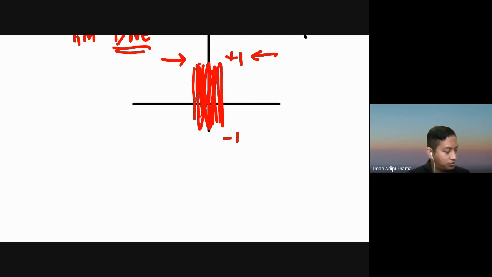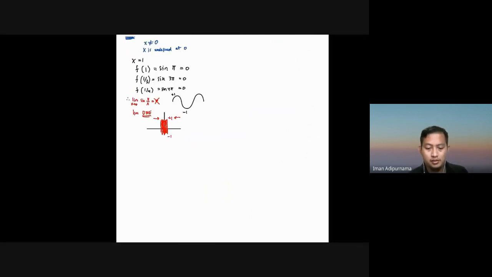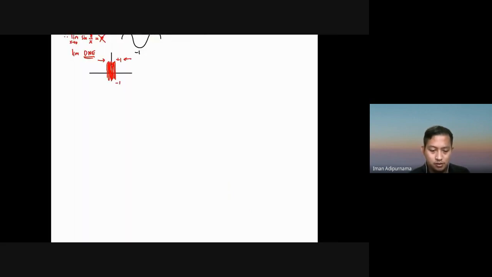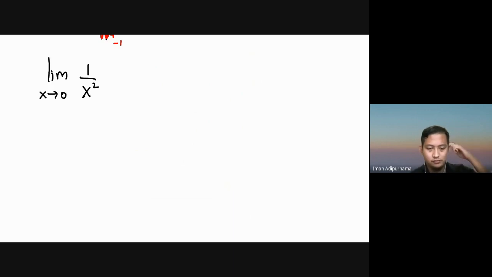Okay. What else do we have? The other important section, this limit. Actually, you can try by yourself to draw.